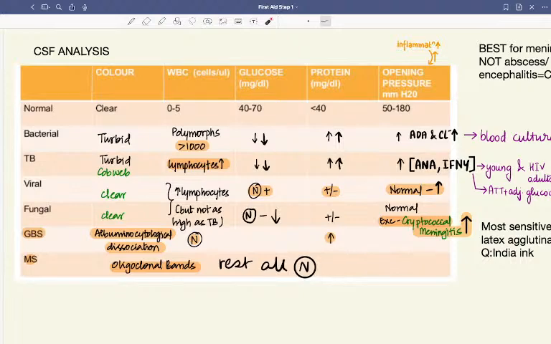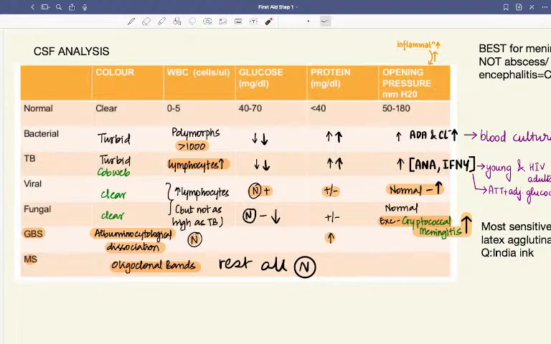Okay, bacterial: WBCs are mainly neutrophils, glucose will be decreased, proteins will be increased obviously, and opening pressure will also be increased. Viral: WBCs will mainly be lymphocytes, and glucose, I think, remains the same.